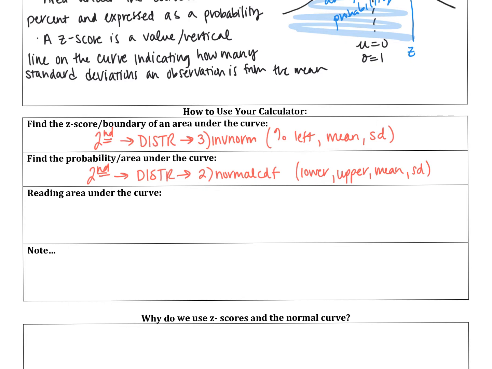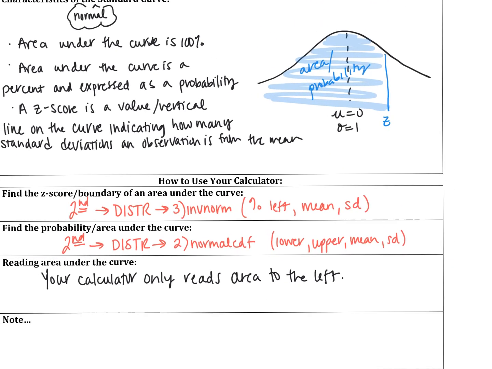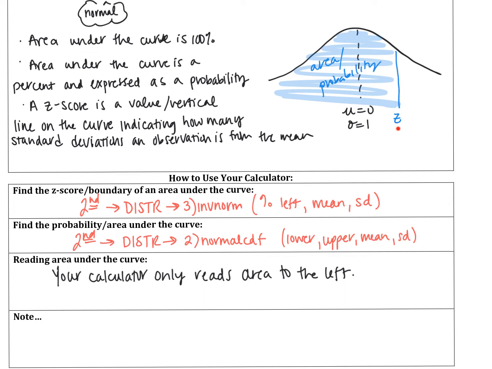Okay, one thing to realize though is that your calculator, most of them, is smart, but it's only so smart, and your calculator only reads area to the left. So for instance, up here on this little example I gave you, my calculator from this z-score point will only read area to the left.